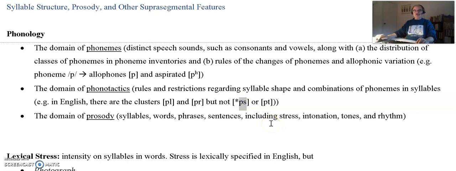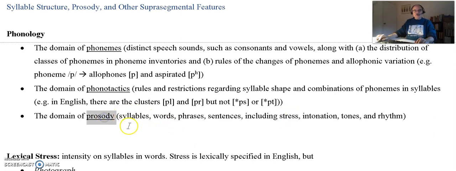And of course, we have the word psychology, and we don't pronounce that P, do we? In psychology, we just pronounce this part. And pt, we don't have something like that in, whoops, I forgot to mark it with that asterisk, which means it's ungrammatical, right, in English. But in other languages, it is okay.